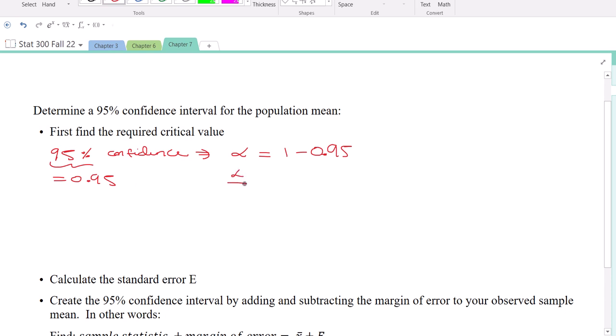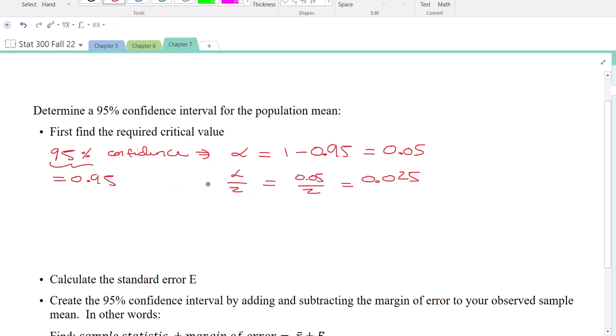So alpha is 0.05. And then alpha over 2 is 0.05 divided by 2, which is 0.025. So that's our alpha over 2.